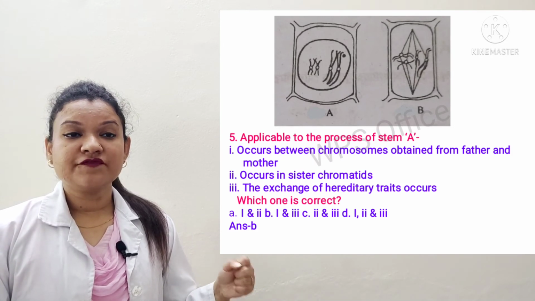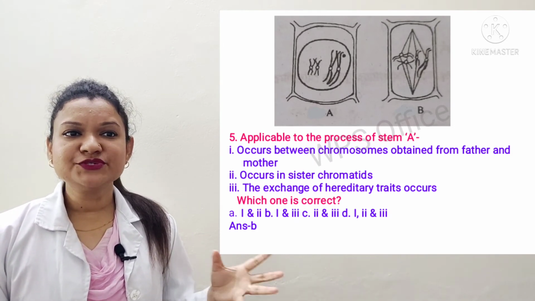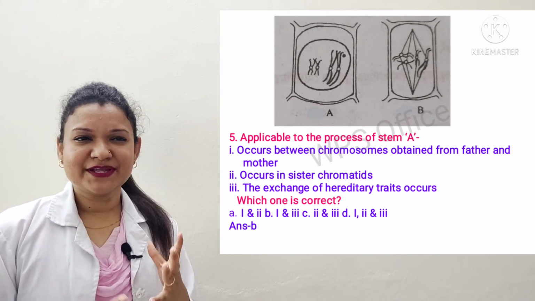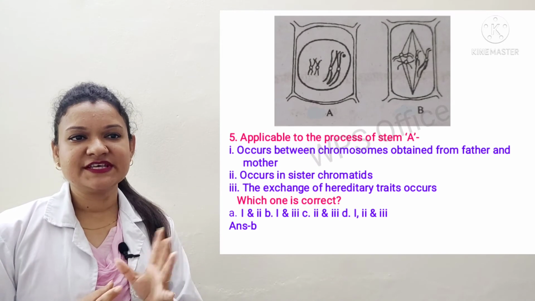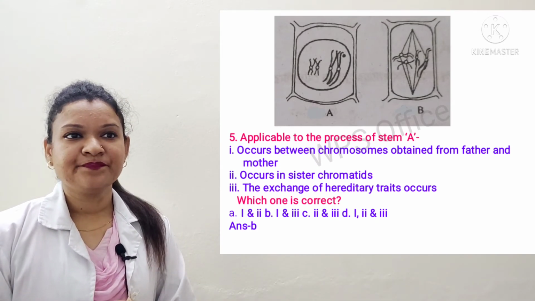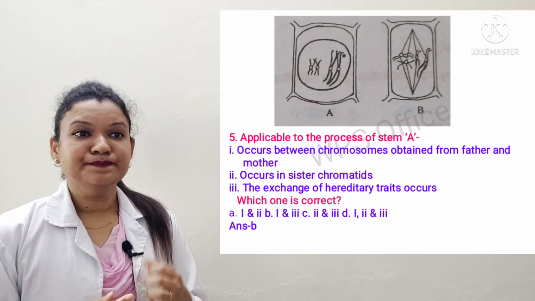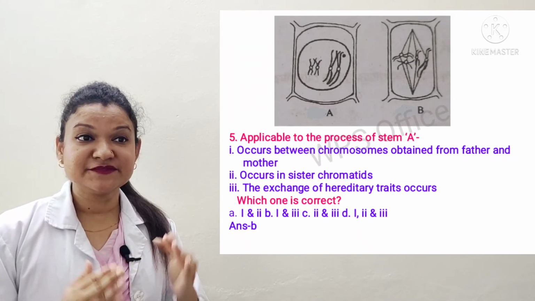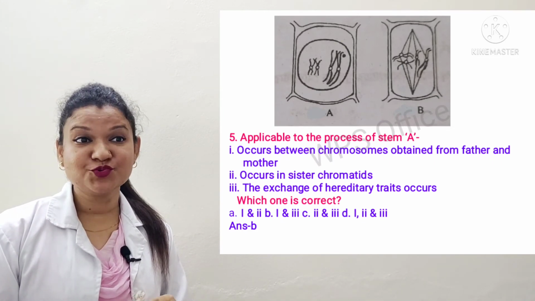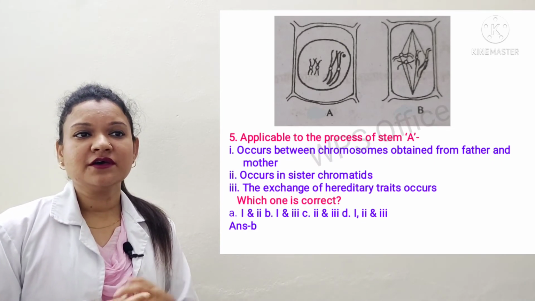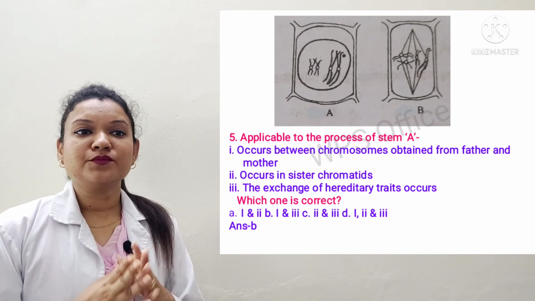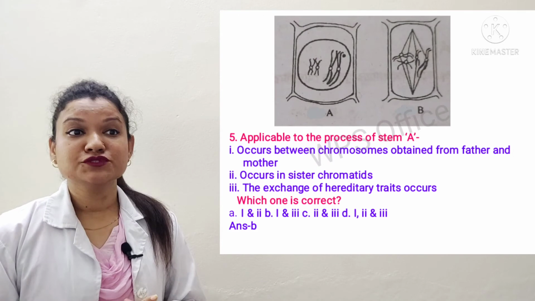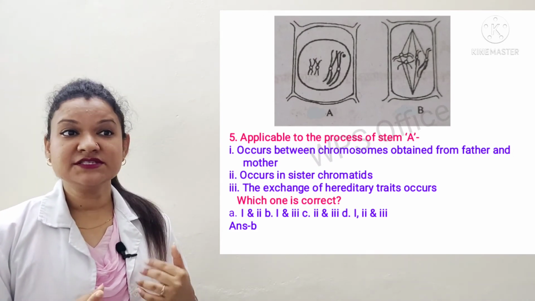Applicable to the process of stem A. What do we actually see in our stem A? I think you can guess, but I will just say something about stem A. We know that meiosis cell division has two stages, meiosis 1 and meiosis 2. So what is meiosis actually? In meiosis, from one mother cell 4 daughter cells are produced, where the chromosome divides once and the nucleus divides twice.